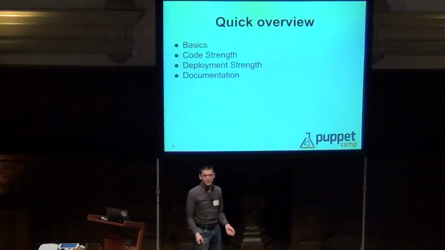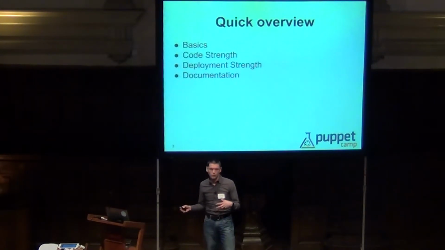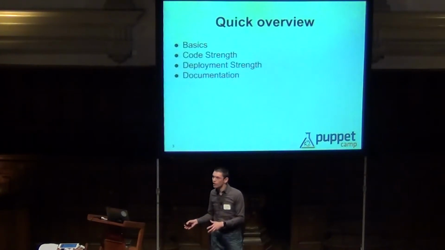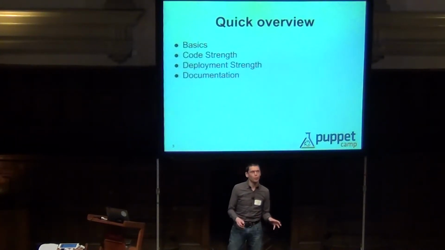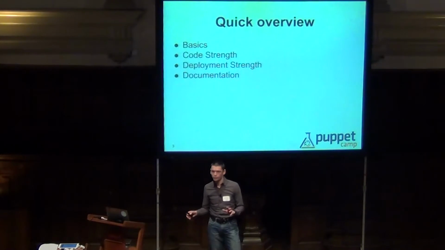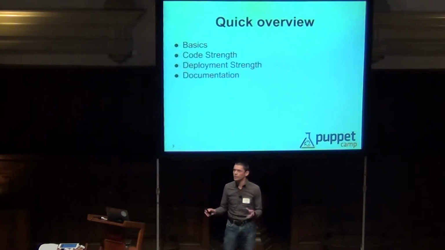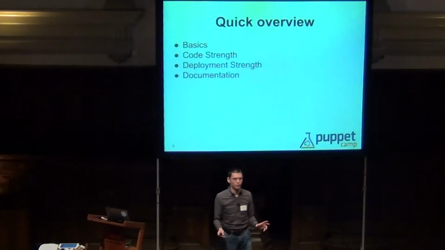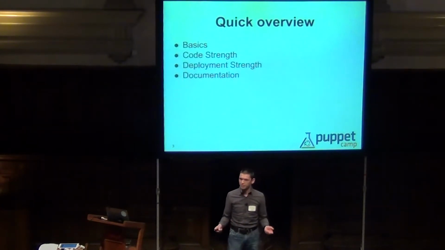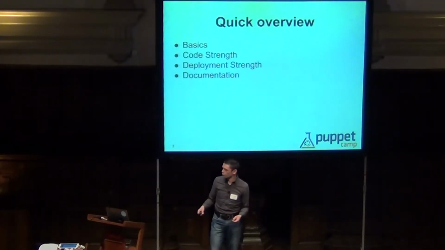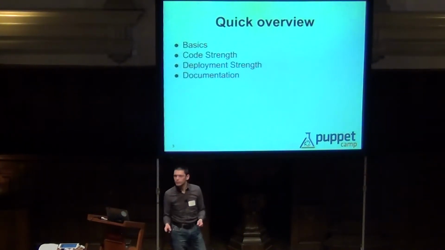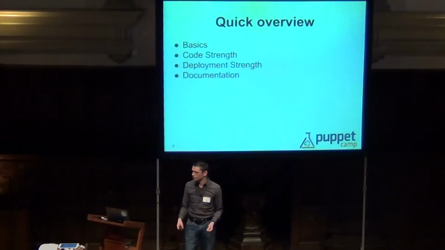We'll start with the basics, and that's mostly how to get started, what things to watch out for, but also how to get the time to make changes, because improving Puppet code is a zero-sum game for the business, because it's running now, right? So why are you spending all this time working on the Puppet code? They don't immediately see the benefits of improving it. So that's the basics. It's mainly about prepping yourself for making the changes.